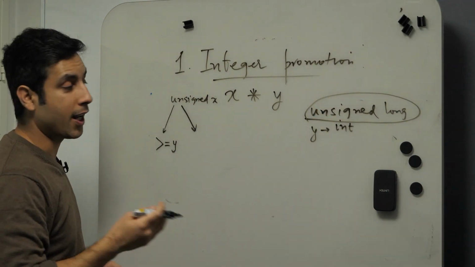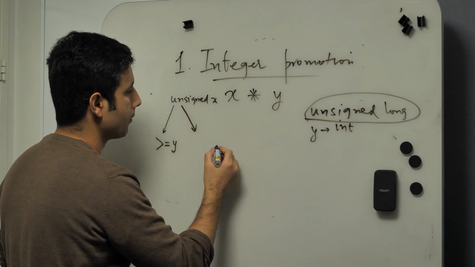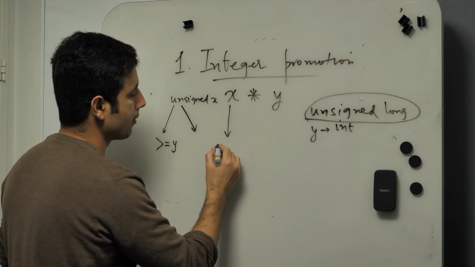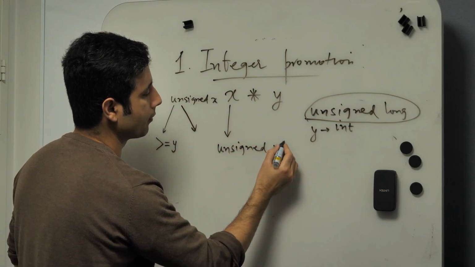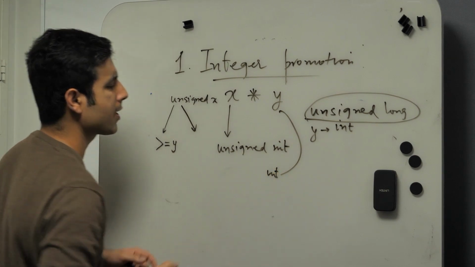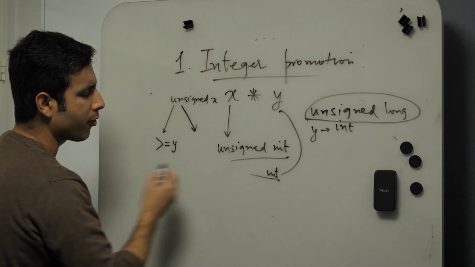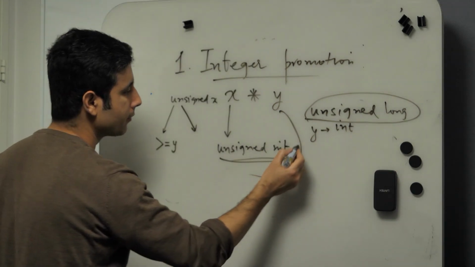There could be another case. For example, x has type unsigned int and y has type int. Now in this case, the ranking is the same. Even then, unsigned wins.